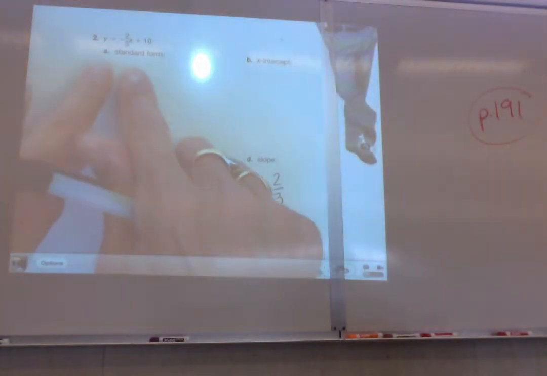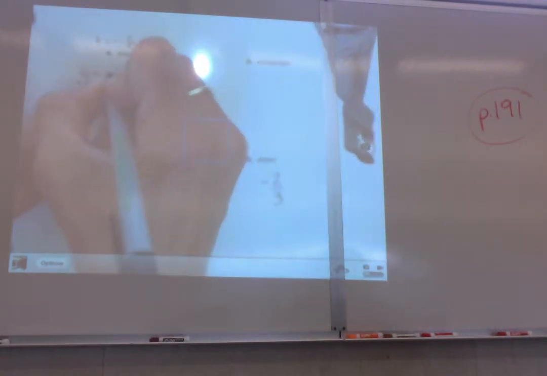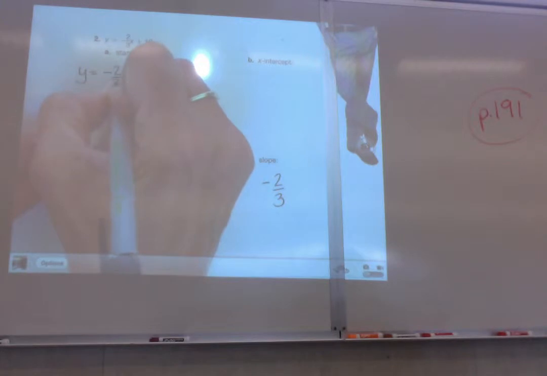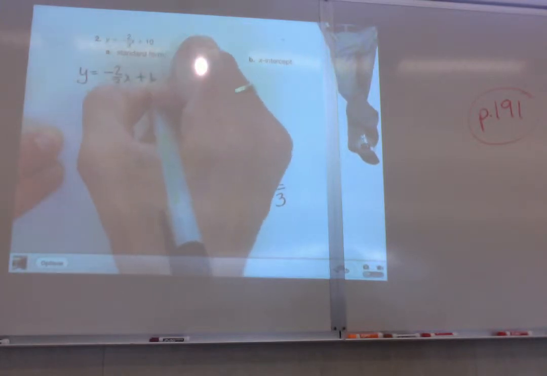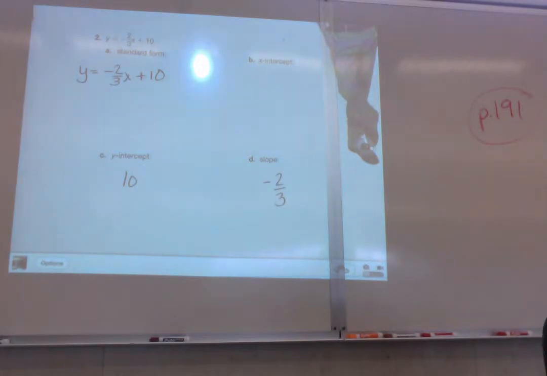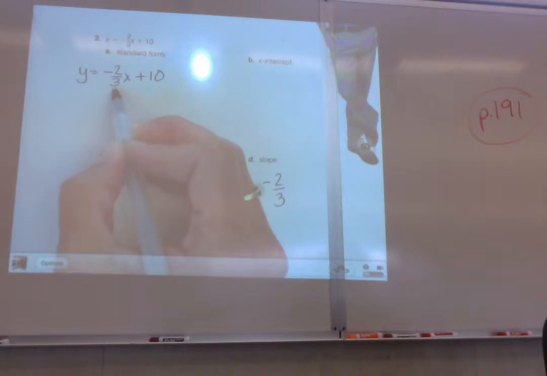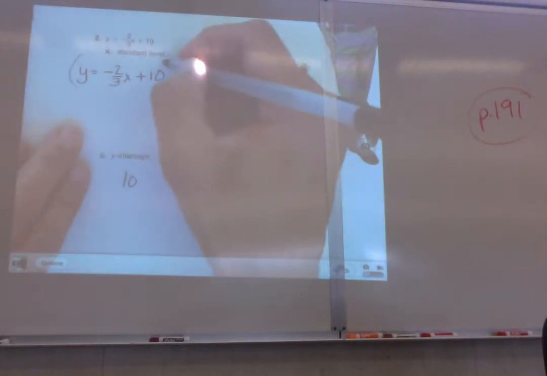So let's do that. Rearrange. Rewrite the equation. Hopefully there's enough room there. I should have probably shifted it over. I'll try and write small. The first thing that we're going to do if we're trying to get this in standard form, if we have a fraction for slope, whatever the denominator is, we're going to multiply everything by it.